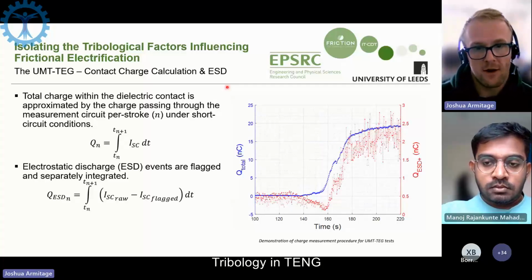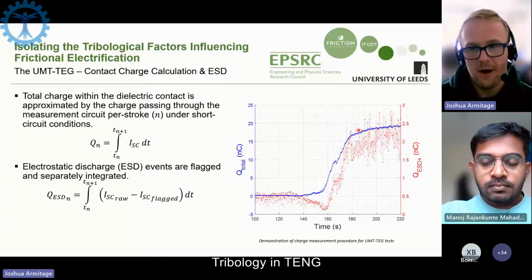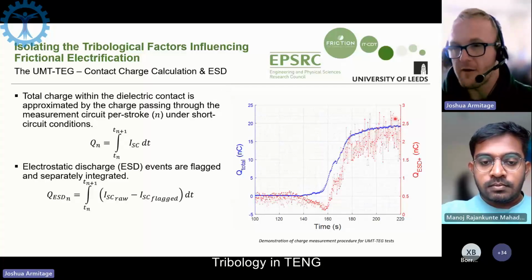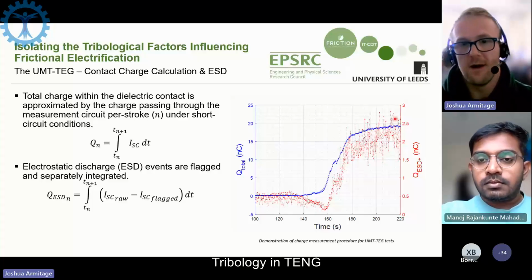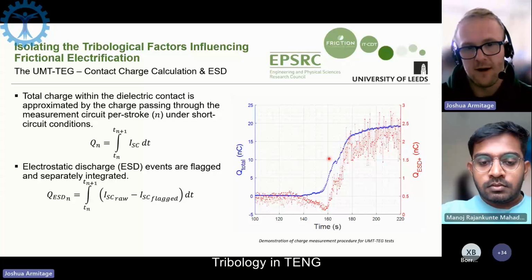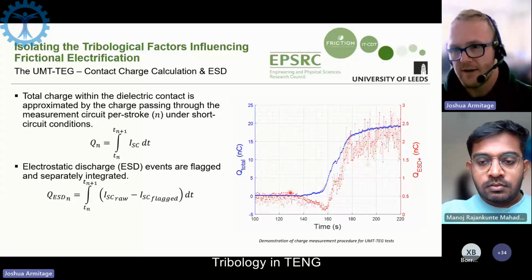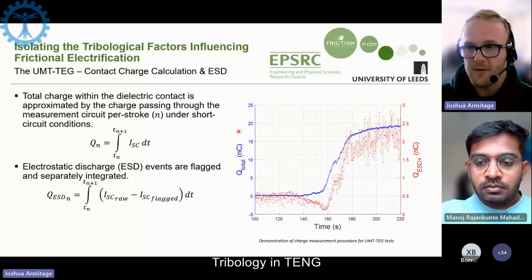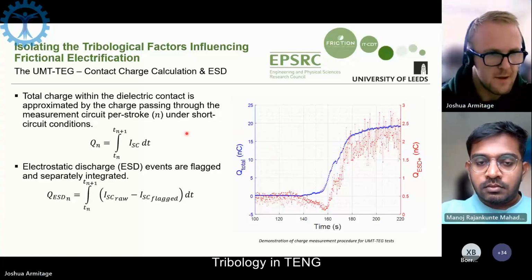When I plot the total contact charge in blue, which is the charge on the bottom within the contact for any given stroke, and the red is the charge that is discharged across that stroke, we see the higher the charge density we have within the contact, the more likely it is to be discharged. So it's giving us an idea of a competing mechanism where the blue is the buildup of charge over time and the red is the dissipation of charge. So we have two competing mechanisms there.